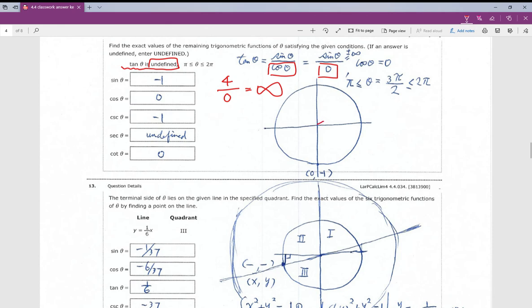So if we have any random angle here, you have cosine and the sine. Now when the angle gets bigger, cosine becomes smaller and the sine becomes bigger. Do you see that?